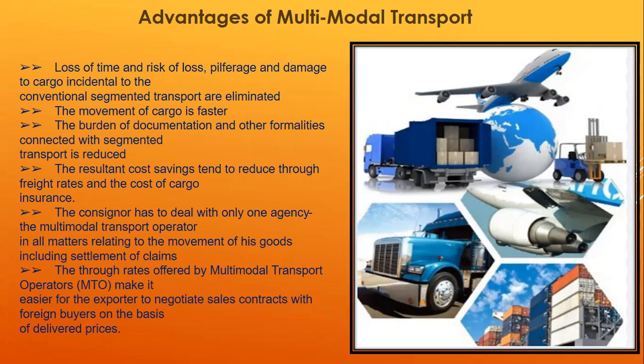Then you need to prepare your commercial invoice in which you need to mention the freight and insurance. If you use multimodal transport, then a single agent will provide you the freight charges before shipment. So you can easily add these charges in the FOB value. Then you prepare your commercial invoice.